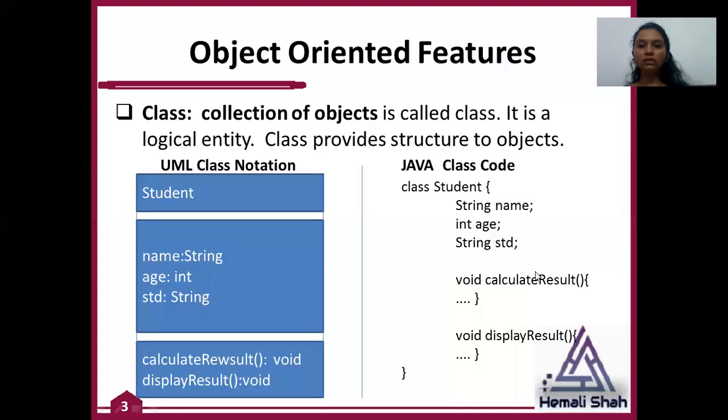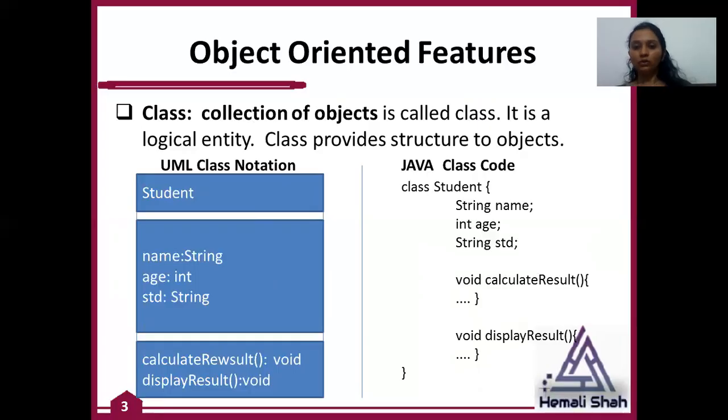This common structure is represented by the class in object-oriented language. All the objects are derived from one class. That means the class is basically a collection of objects. All these objects are created from some class.